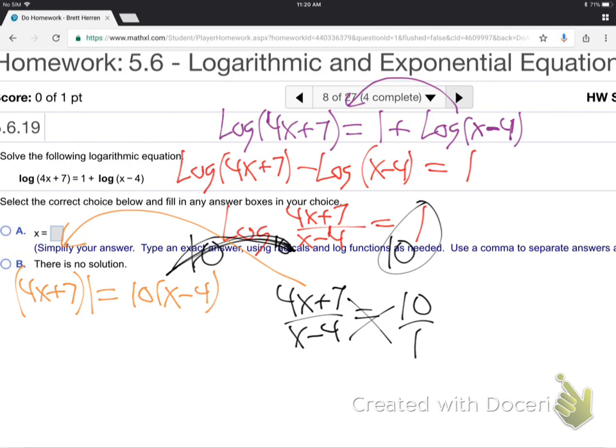Just lay it flat, cross multiply. And then just distribute through the parentheses and solve for x. So that 1 will go boom, boom. The 10 will go boom, boom.